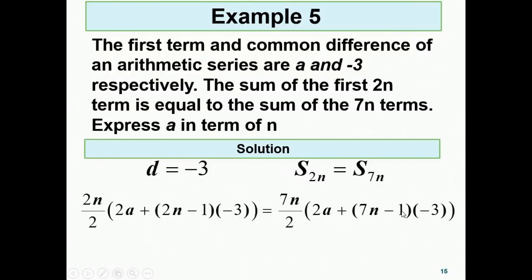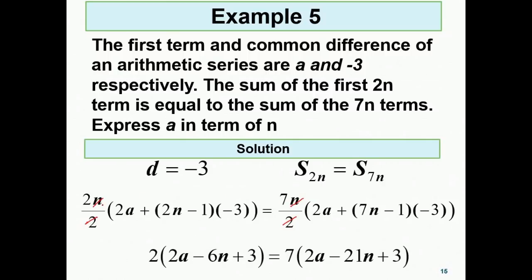And then simplify the expression. So this one can be cancelled out. This one is cancelled out. So we have 2 times 2a minus 6n plus 3 is equal to 7 times 2a minus 21n plus 3.